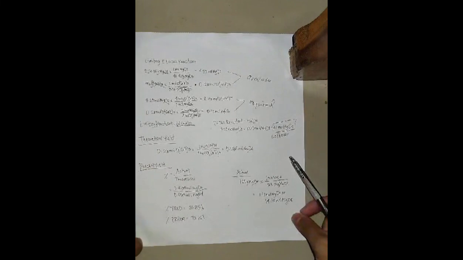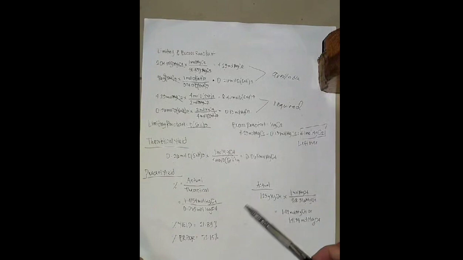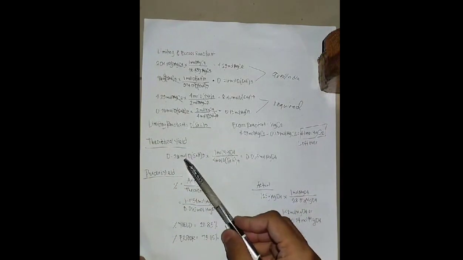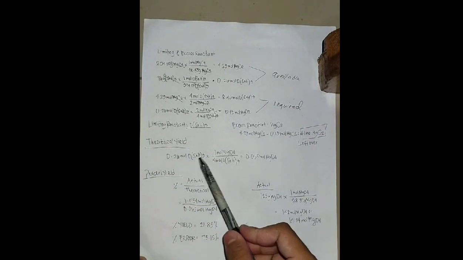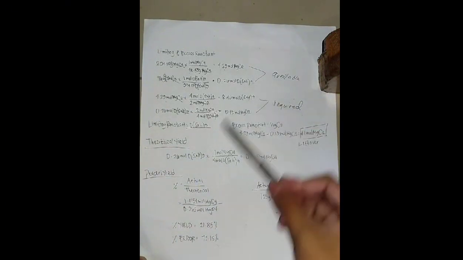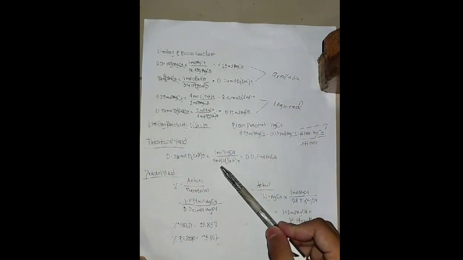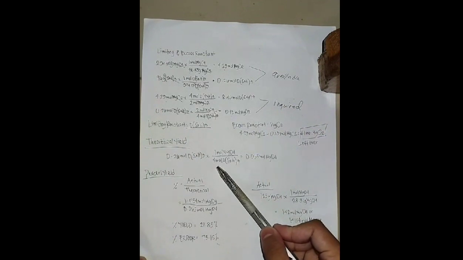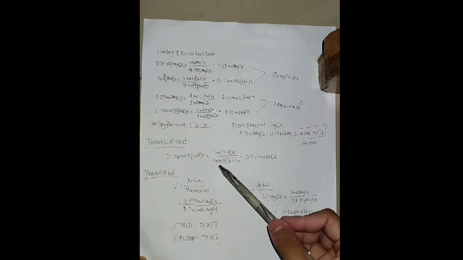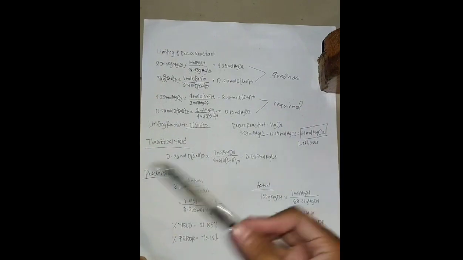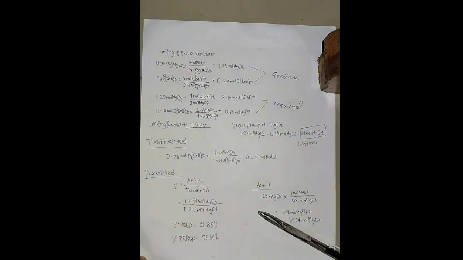Now, how to solve theoretical yield? We get this from the available mole of SNH3, which is this, times 4 mole, which we get from the balanced equation, where SNH3 has a mole of 4. Just see it from the previous video, as you can see in the Manila paper.